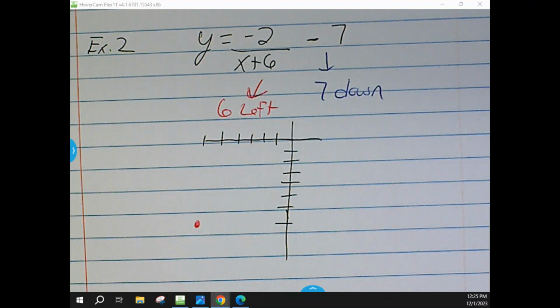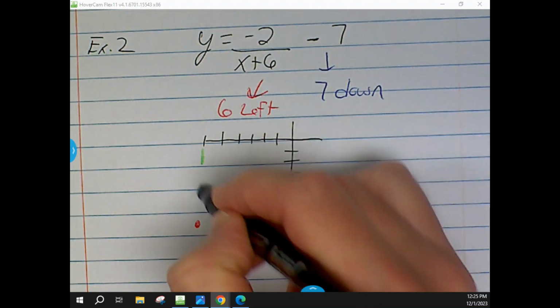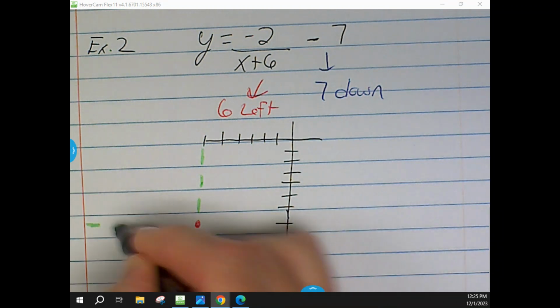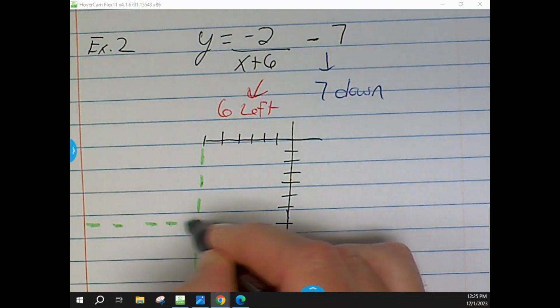Okay, and that's where the asymptotes go. So we're going to have an asymptote going this way, and then we're going to have another one going this way.